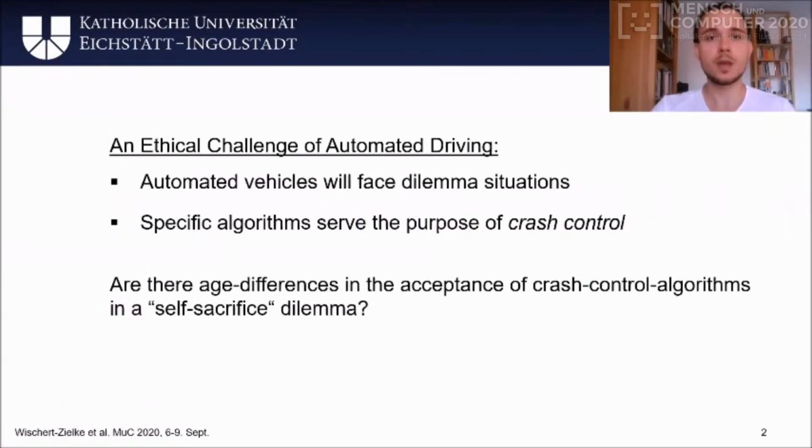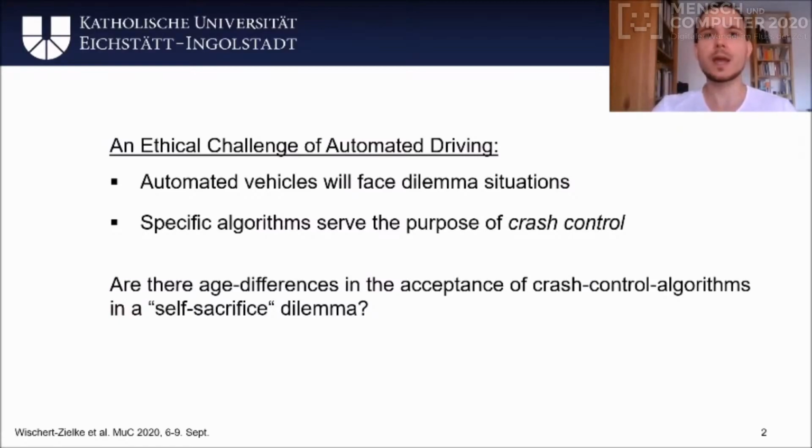Automated vehicles have to be prepared for inevitable crashes. This introduces new ethical challenges because engineers need to address dilemma situations. In dilemma situations, a decision between several harmful outcomes has to be taken. Therefore, programmers have considered specific algorithms to serve the purpose of crash control.